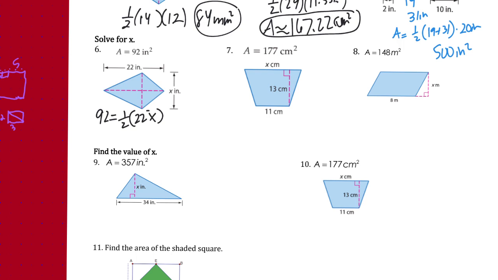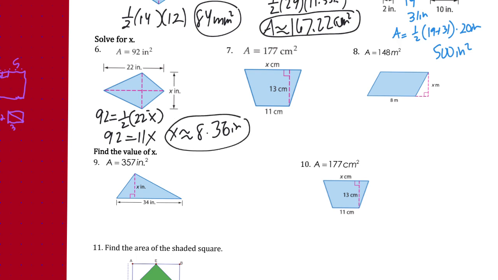And so you get 92 is equal to 11x. Because we can multiply half of 22, and that's 11. Divide 92 by 11, and you get 8.363636. So x is approximately 8.36, and that would be inches.